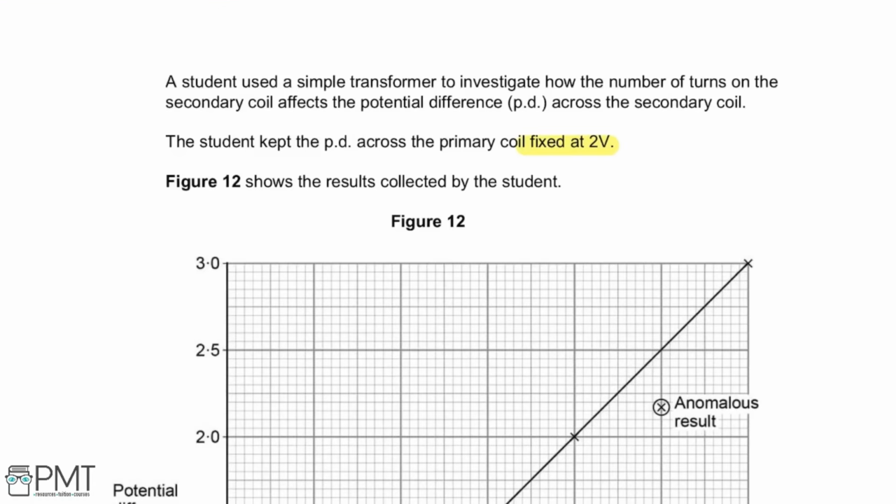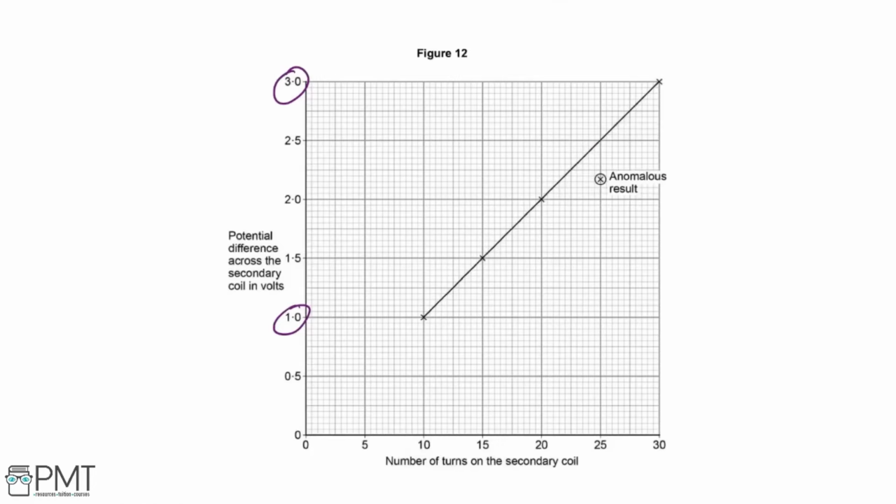Now you may remember from before, the student keeps the potential difference across the primary coil fixed at 2 volts. So a step-down transformer means that the potential difference across the primary coil is greater than the potential difference across the secondary coil, and a step-up transformer means the potential difference across the primary coil is lesser than the potential difference across the secondary coil.